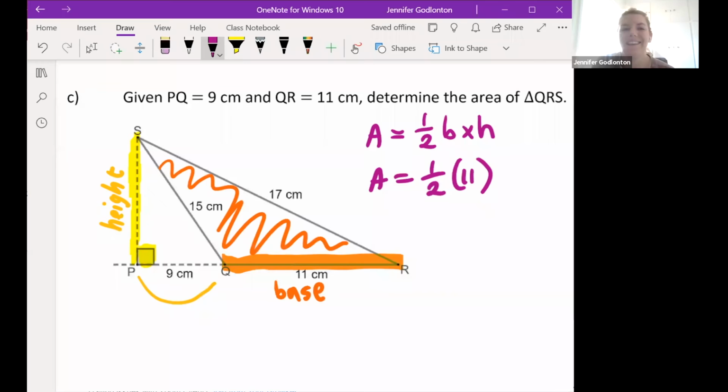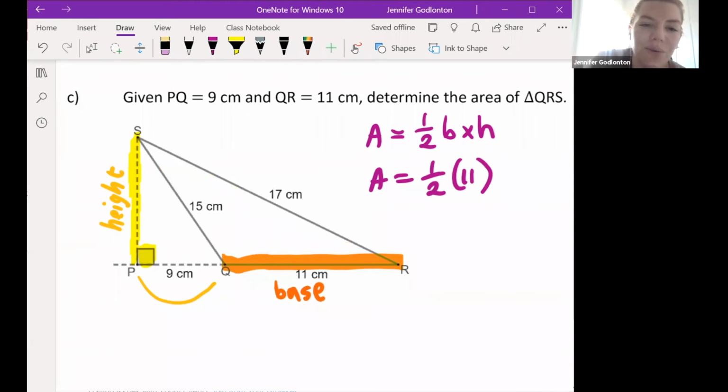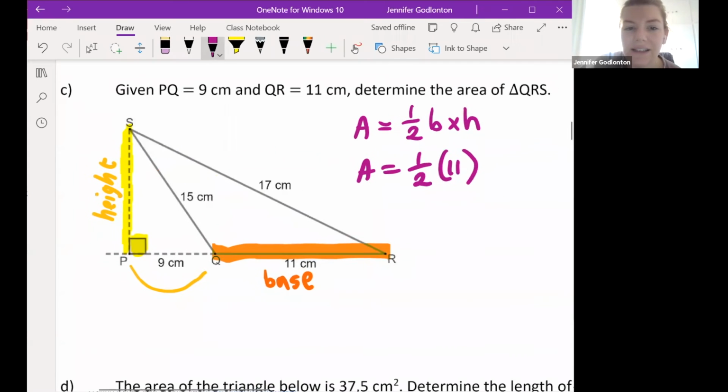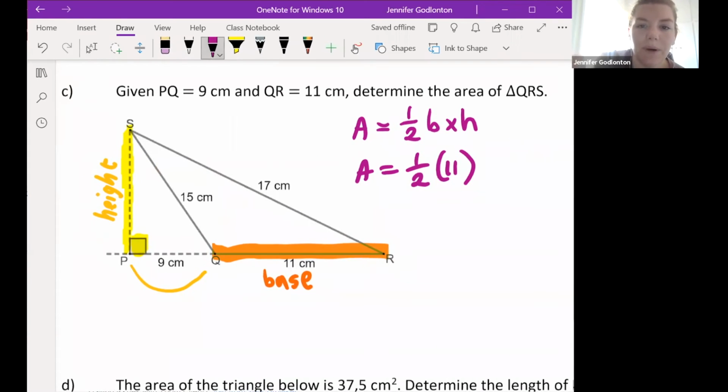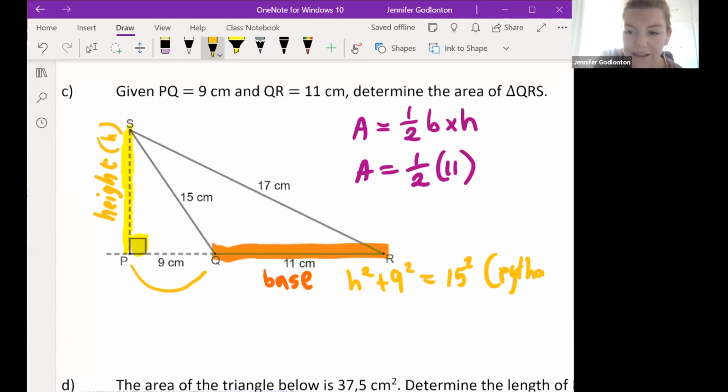Yes, there we go. When we have a right angled triangle and we're trying to find the height, we're going to use Pythagoras. So I'm just going to pop that in over here. This is my height that I'm looking for. So I'm going to say my height squared plus 9 squared equals 15 squared, because of Pythagoras.